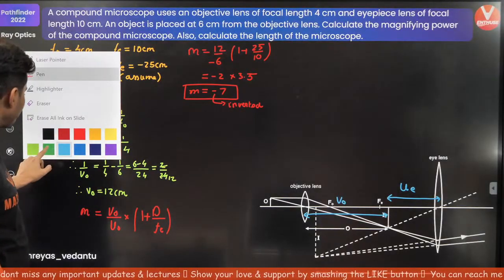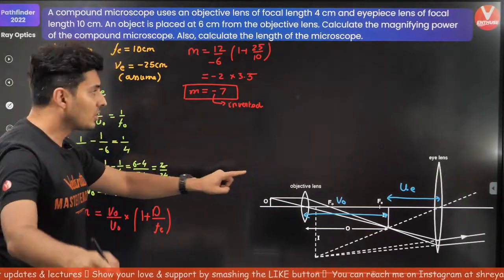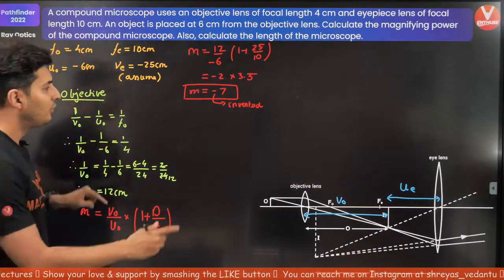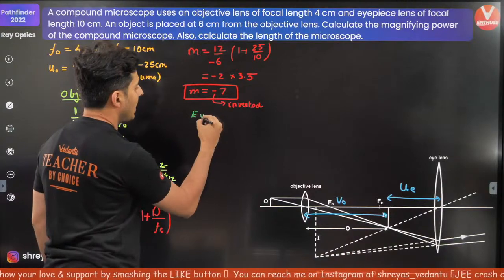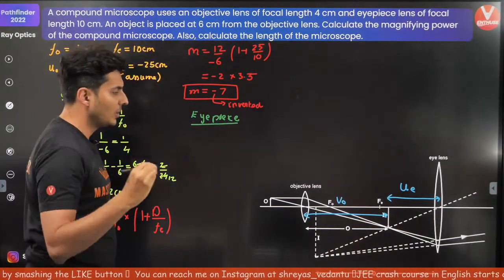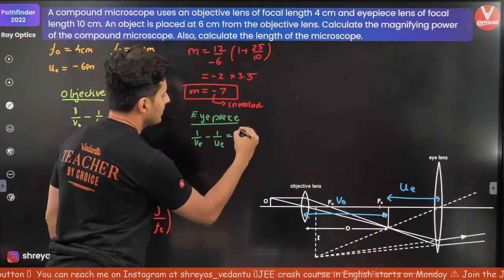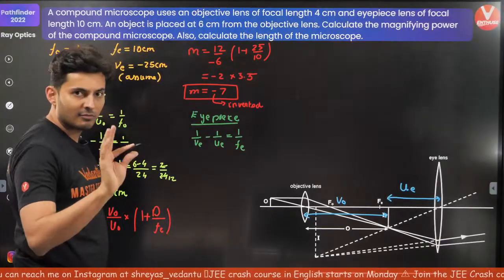Observe this again. To find UE, solve it using the lens formula for the eyepiece. So for the eyepiece, again use the lens formula and see what you get. 1 by VE minus 1 by UE is equal to 1 by FE. Fair enough.